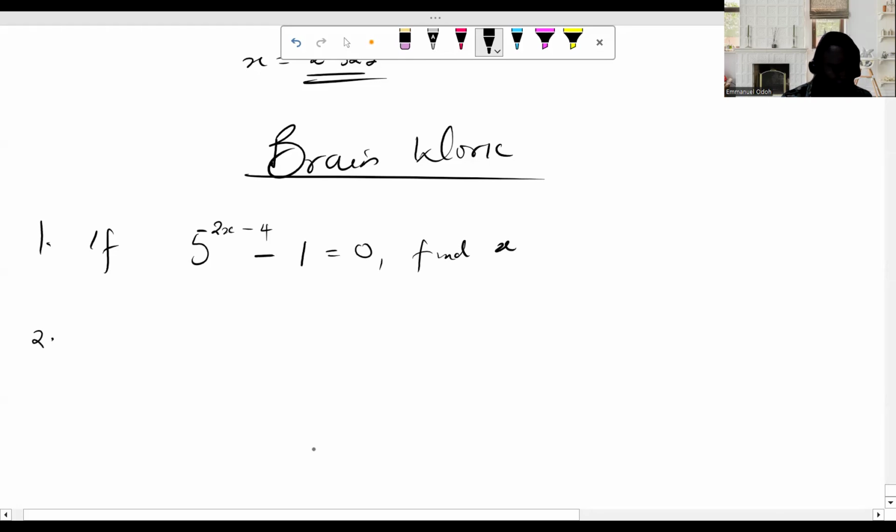Number 2, solve for x in 27 to the power of 2x is equal to 1 over 9 to the power of 3x minus 1.